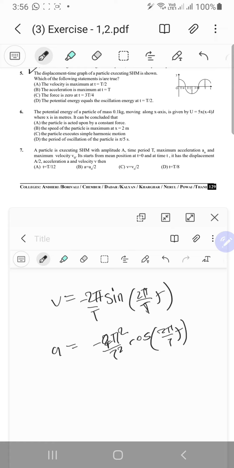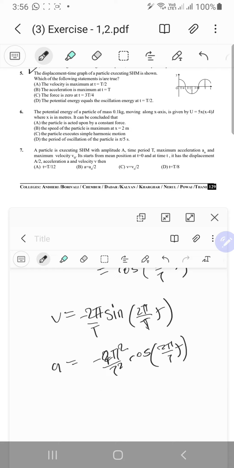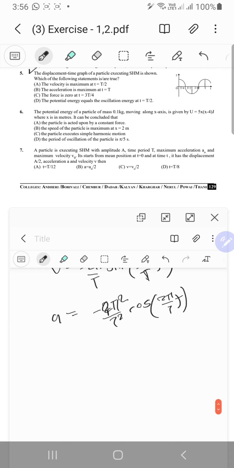The force is 0 at 3T by 4. At that point, what's cosine? Cosine is 0. So yeah, looks correct. 3 pi by 2, it's going to be 0. That's correct.